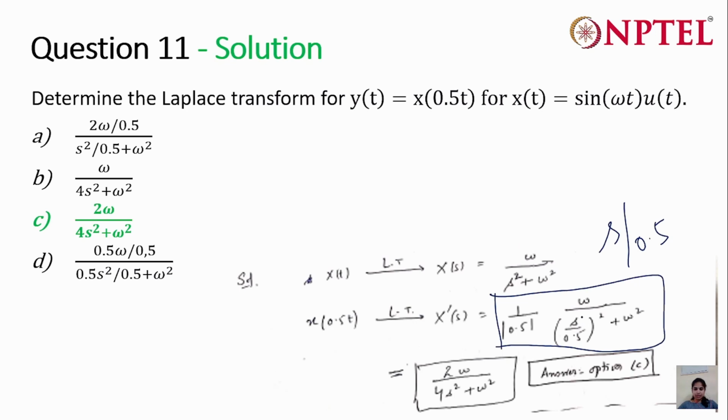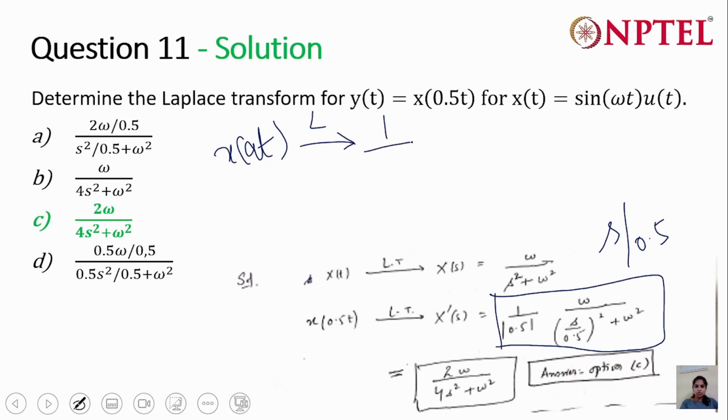So here this is 4. 1 by 0.5 the whole square is 4. So 4s square plus omega square is the denominator. So the answer is 2 omega by 4s square plus omega square. The property is, if I have x of at and if I am going to take the Laplace transform, it's 1 by mod of a into x of s by a. So this is what we have to remember.